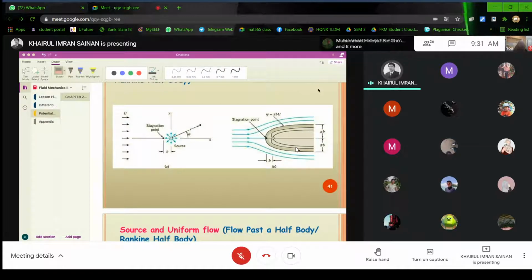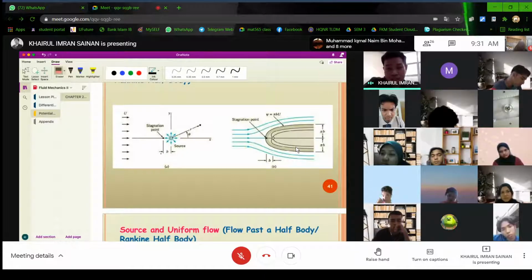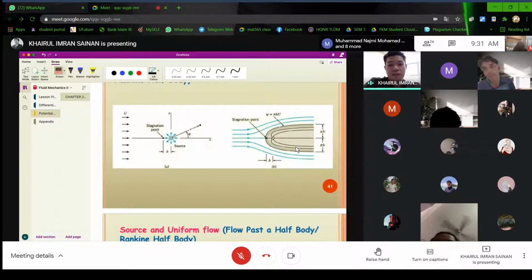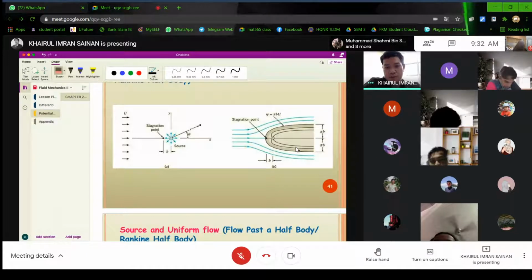So V equals zero. So that becomes an important feature of that flow, right? So we give the distance from the source to that stagnation point as B, right? So of course you have your theta and R. So theta is positive counterclockwise from the X and the R.